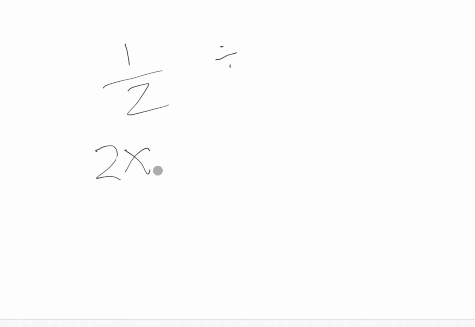So it's important for you to realize this when solving for a variable. If you see a fraction, you know that it's division, so what's the inverse operation you're going to use? Multiplication. And if you see 2x, you know that the operation that's happening here is multiplication. So what's the inverse operation you're going to use? Division. Exactly.